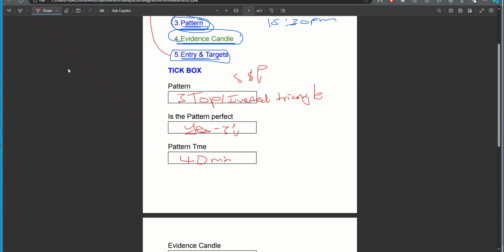Time it took to build the pattern, 88 minutes. We did that together. This is roughly plus 1 hour. You know what this means? Plus 1 hour. This means we can target 100 pips. We can target above or equal to 100 pips. It's on us. We can use the expansion tool to target, or we can target 100 pips.